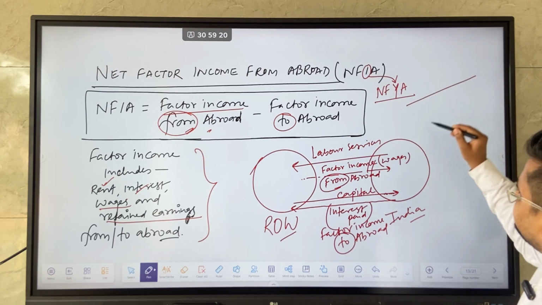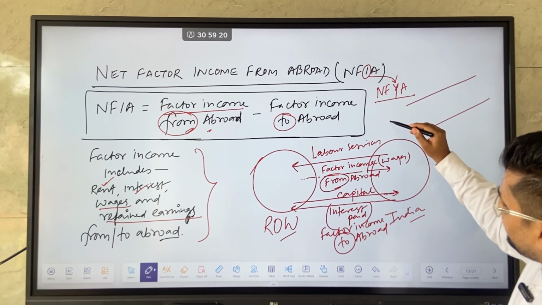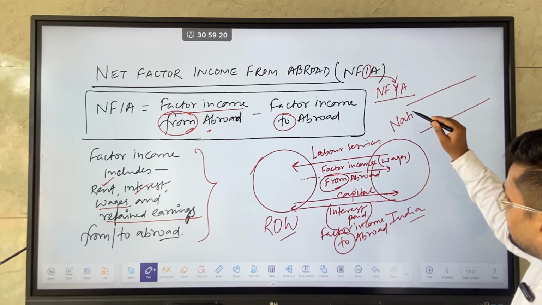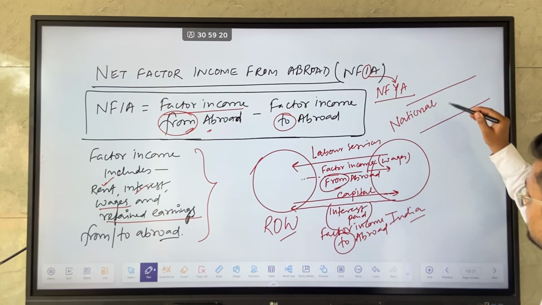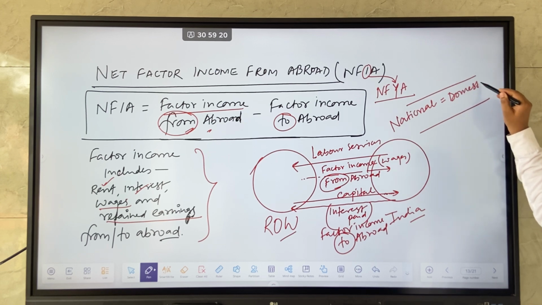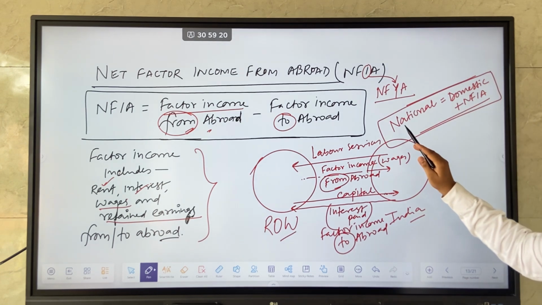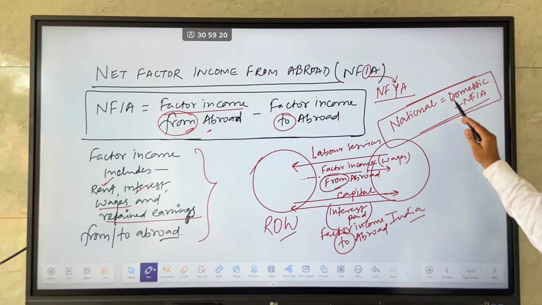When we have any value to find in national terms, from domestic value we get national value by adding NFIA. So you have to remember this: national value is equal to domestic value plus NFIA.